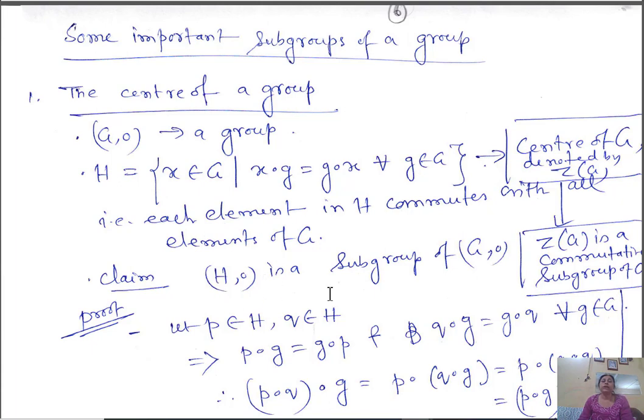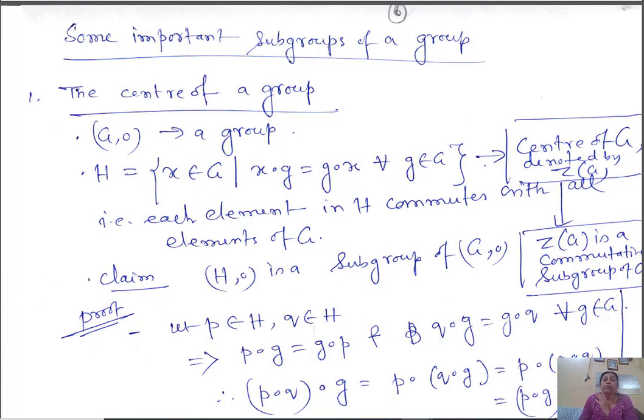To show that H is a subgroup of G, what you have to show is, it may not be finite, right? Because G may not be finite, so H may not be finite. In that case, it is not sufficient to use only the closure property, you cannot establish this fact.